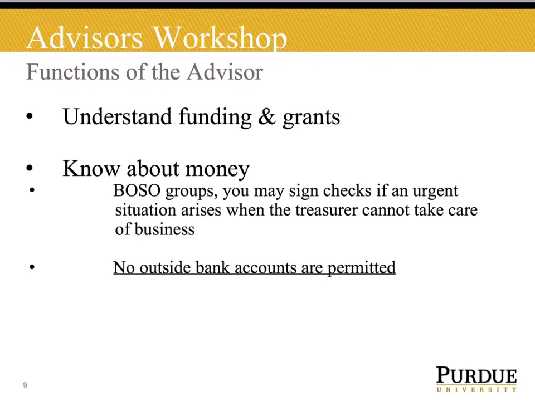And there absolutely should be no outside bank accounts permitted for our student organizations. All bank accounts should be held in the Business Office of Student Organizations, which is also known as BOSO. BOSO is a great resource, and they are more than willing to help you navigate any concerns you may have concerning your money.